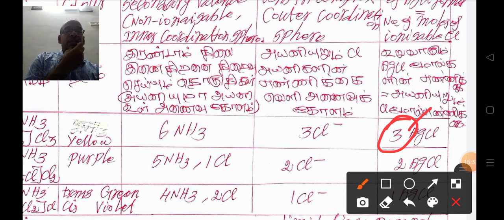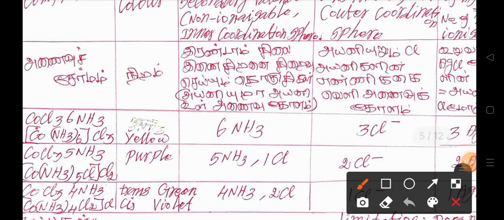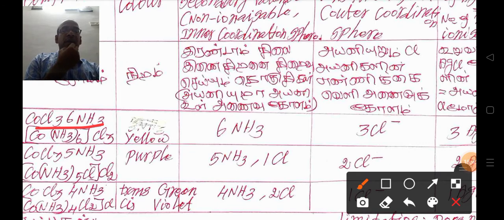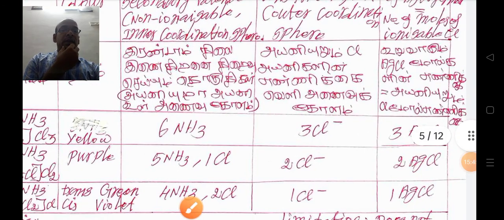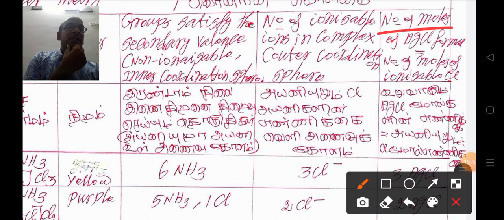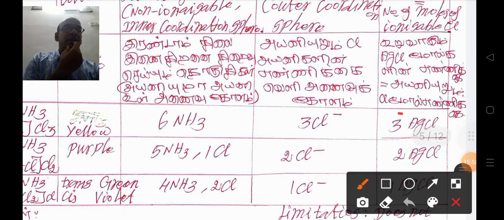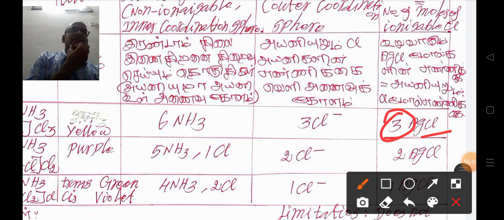For example, this is a molecular formula given in the book. The number of AgCl formed in this formula is 3AgCl. That means 3 Cl ions are outside of the sphere.